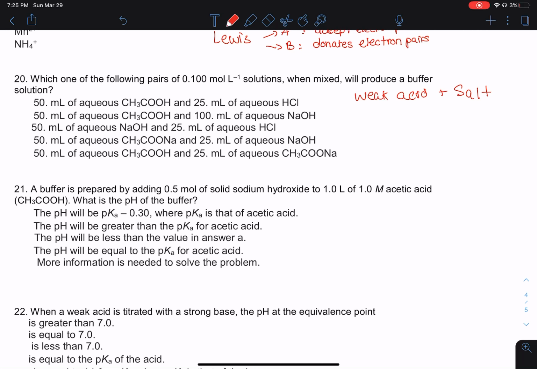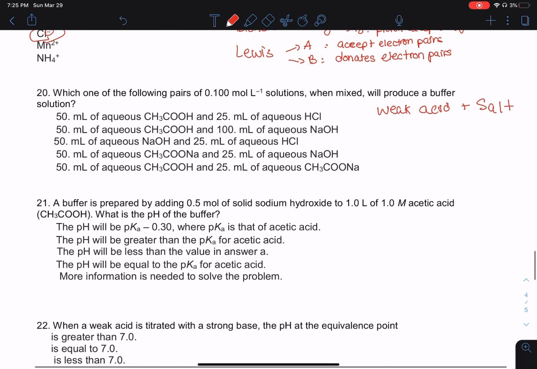So in this case, the only option that is correct is the 50 mL of aqueous CH3COOH and its salt. So think of it like a conjugate base and its acid. And the other problems, none of them make sense.